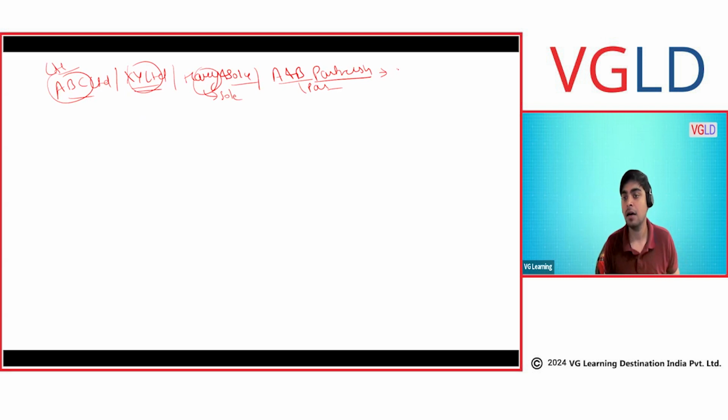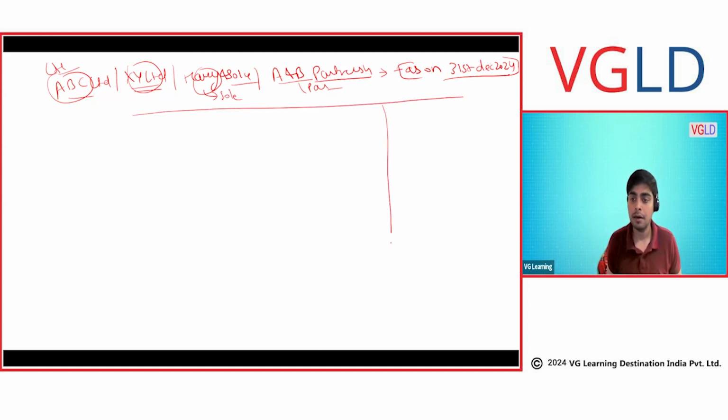Let's say the period is as on 31st December 2024. It's saying what the position is, what the assets of the company are as on a date. This would be like a vertical shape.